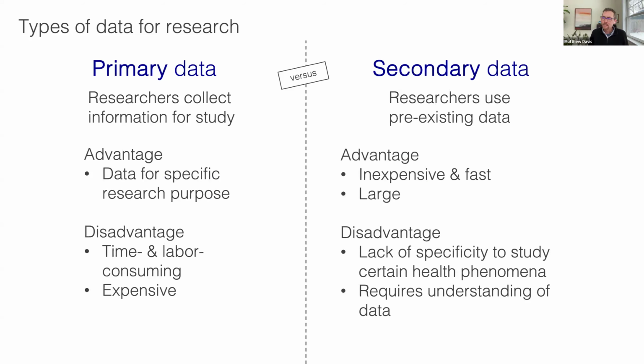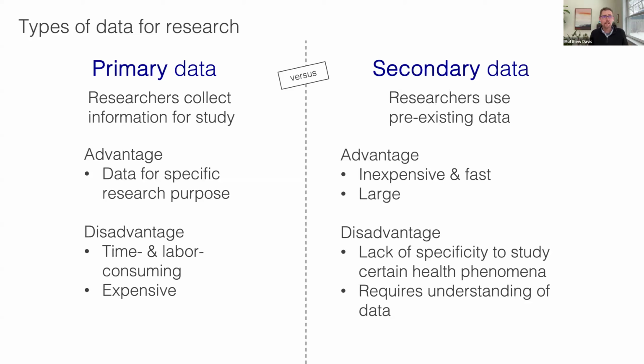Primary data collection is very much like what you would imagine traditionally, where the researcher goes out and collects the data they need, analyzes it, and produces research manuscripts. Secondary data analysis is basically when we draw from data sources that already exist. And it seems like every year there are more and more of these data sources coming online.